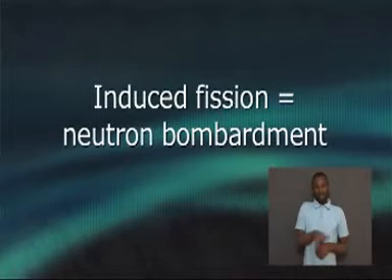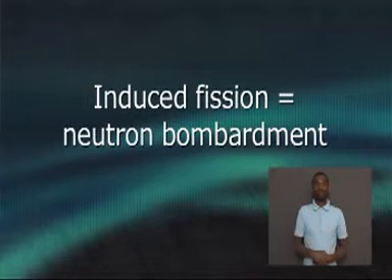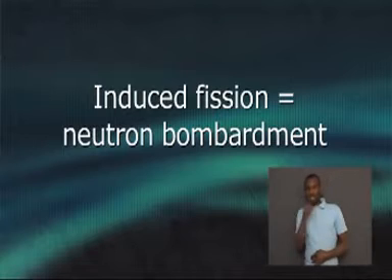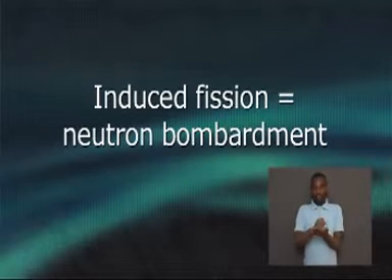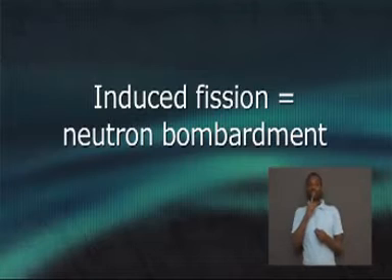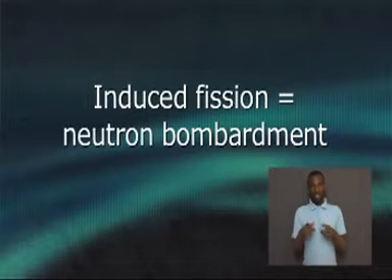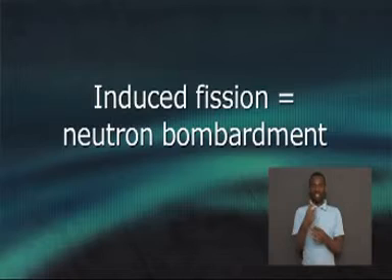As you have learned, radioactive decay is impossible to predict precisely. So, in order for us to use nuclear fission to produce energy in a controlled environment, we must use a method called neutron bombardment or induced fission.